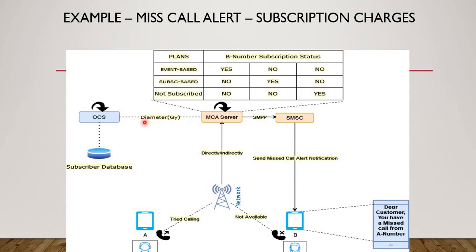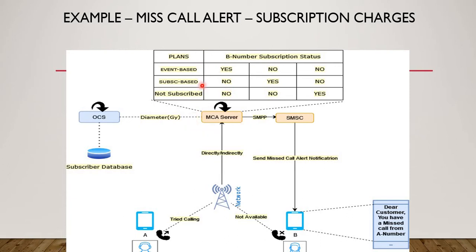So immediately the MCA server will create a session with OCS, ask for money, and OCS will give the money. If successful, then MCA will send the SMPP notification to SMSC, and SMSC will deliver the notification to B saying that, dear customer, you have a missed call from A number, which is so and so 1 2 3 4 5 number. Like this. So this is a pay as you go plan.